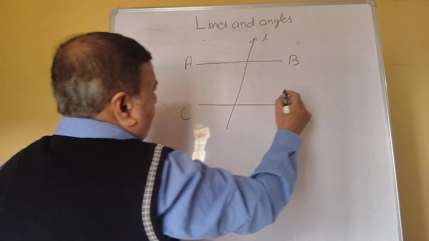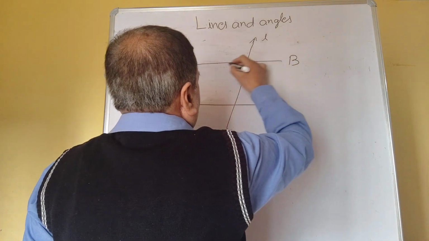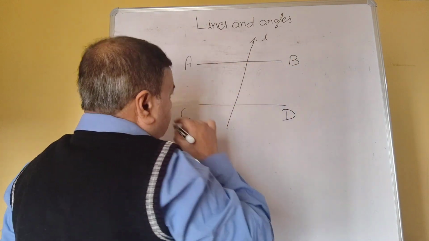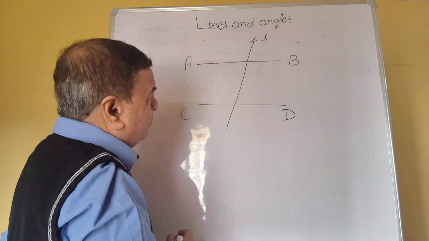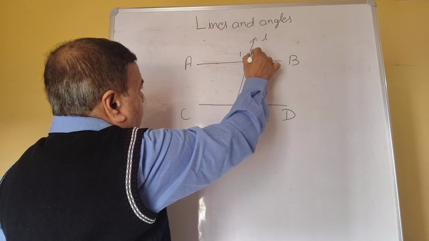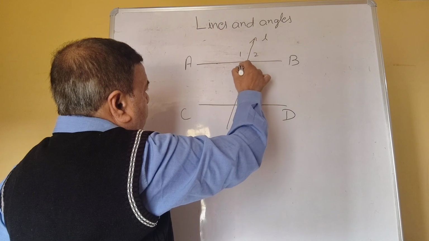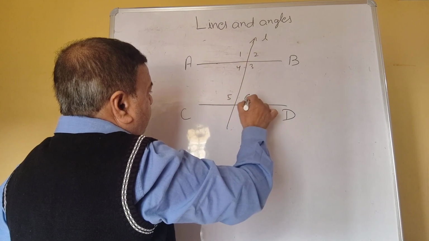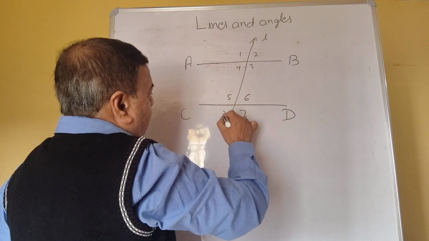AB and CD are parallel. In this case, suppose we number the angles 1, 2, 3, 4, 5, 6, 7 and 8.